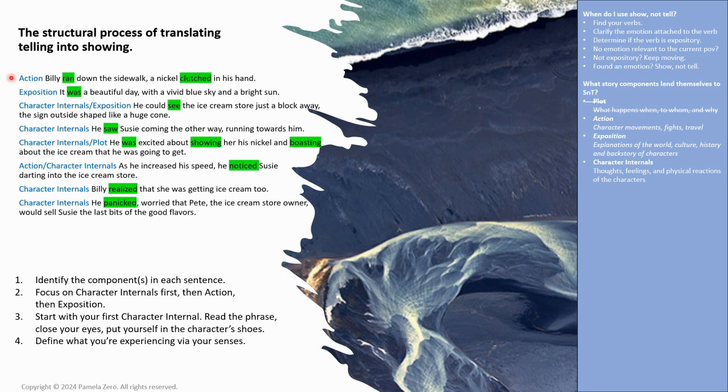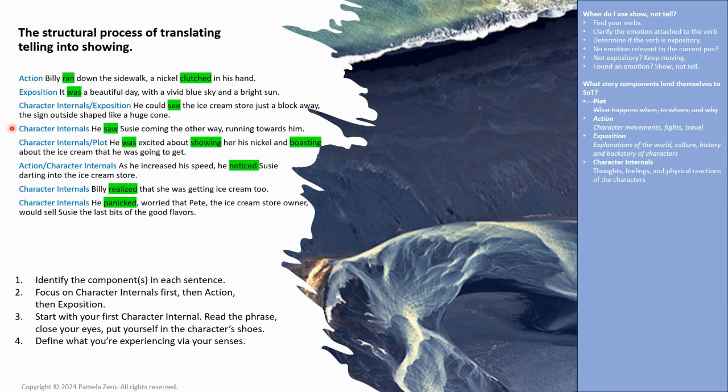Action, Billy ran down the sidewalk, something he's doing. Exposition, it was a beautiful day. We're describing the world around him. Character internals, he could see the ice cream store just a block away. Then we move to exposition, the world around him. The sign outside shaped like a huge cone.